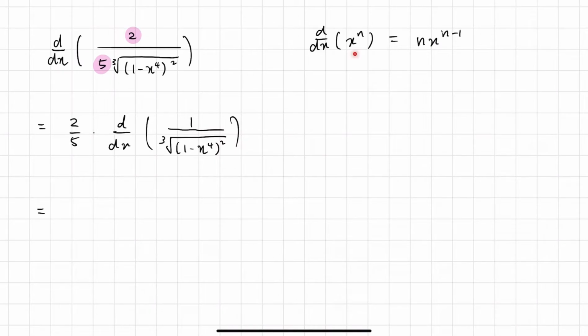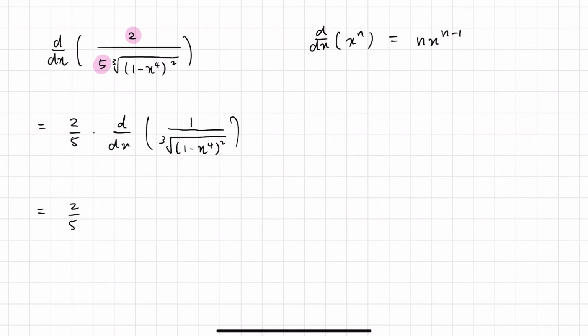As long as we know the power, we can always differentiate it. The thing with this one is it's got some power, but it's not very clear what it's going to be, because there's a lot of square roots, or actually in this case, it's a cube root. So we're going to try to change this from surd form to index form.